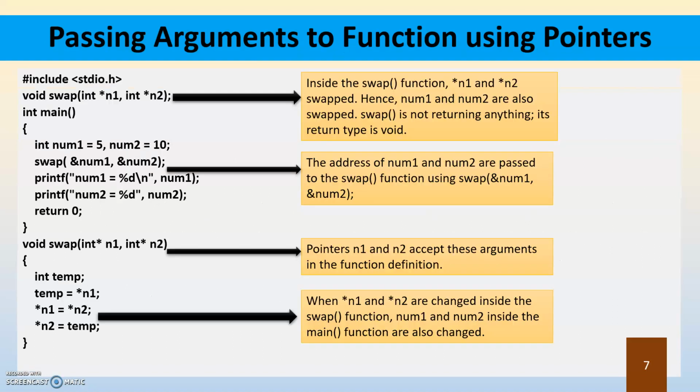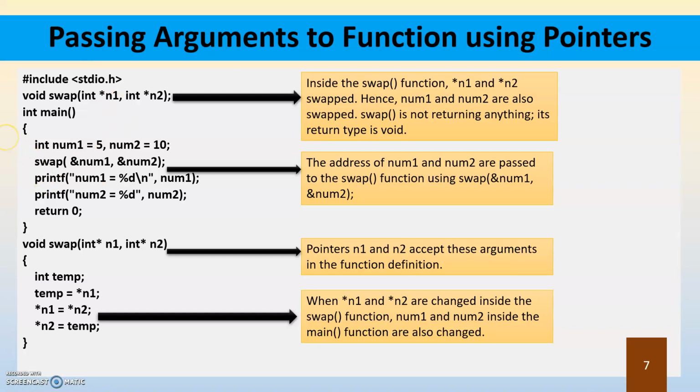Look at this program. Here we declared a function whose name is swap, the return type is void, and it takes two pointer variables, n1 and n2. Under the main function we declare two numbers, number1 and number2, of integer data type.